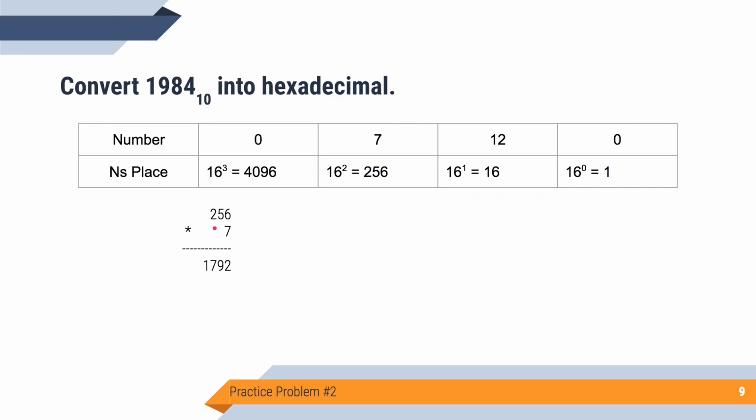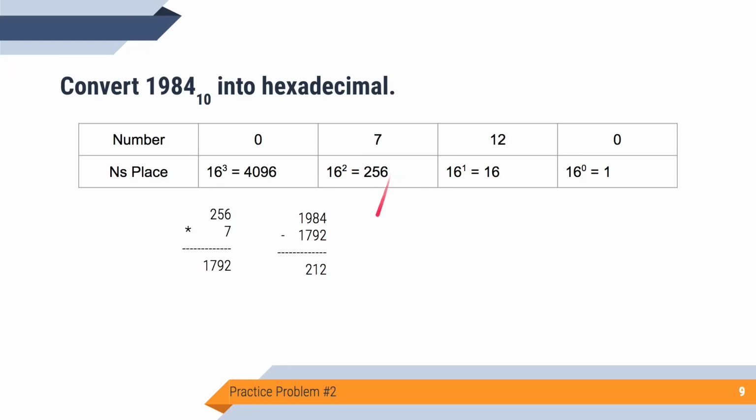If we do 256 times 8, we're going to go over 1984, and we do not want that. So we subtract 1792 from 1984, our original number, and we get a remainder of 212. Another 256 wouldn't work because it would have been approximately 40 off.